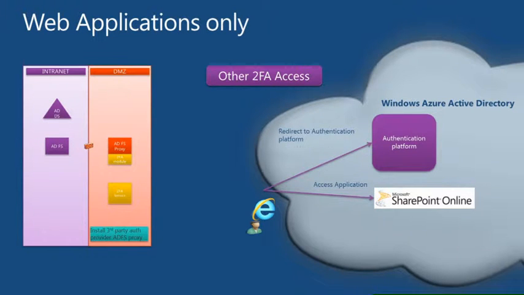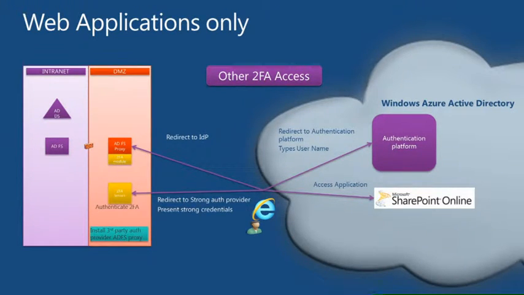You go through the same dance, but this time when I hit the IDP, it either redirects me across to the strong auth provider, or it can do it within the forms logon page if I'm doing code-behind, and then I present my strong credentials to it. Once I've authenticated with my 2FA, I get back to the proxy, giving it the token I got. It authenticates that response, does the lookup for me, and allows me to get back to the authentication platform and eventually over to the system.